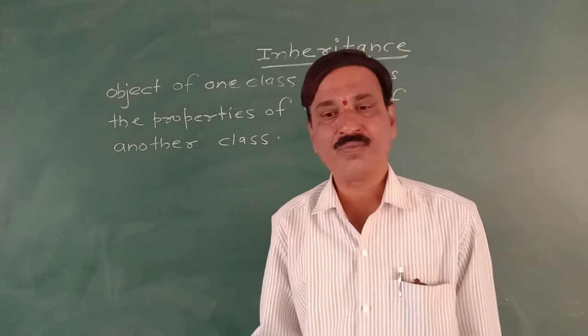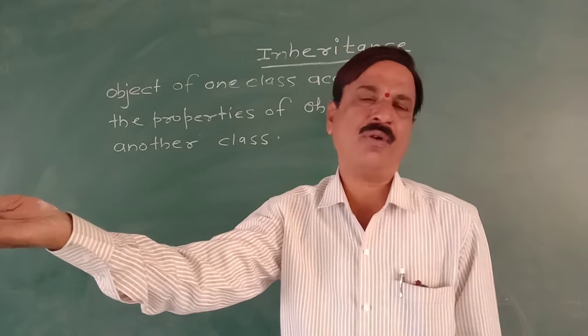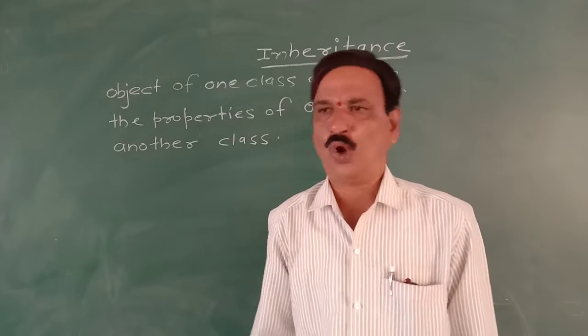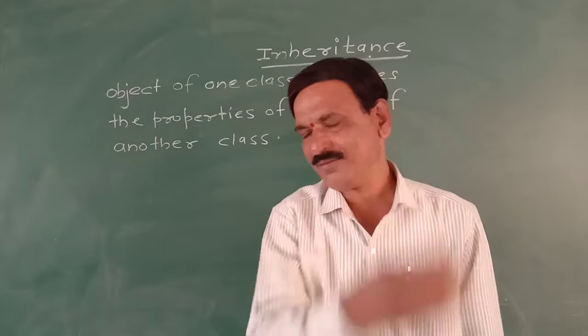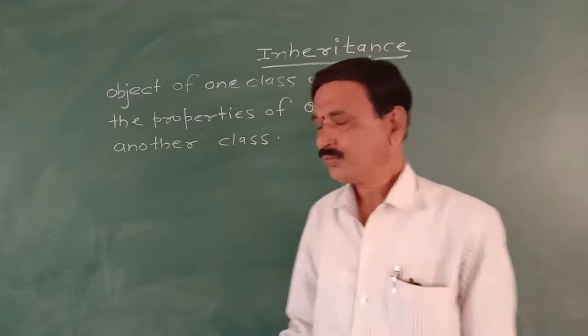In other words, one class acquires the properties of another class. So obviously their objects will acquire them too, because after all, objects are variables whose data type is the class. Object is a runtime entity, a user-defined variable of the class.